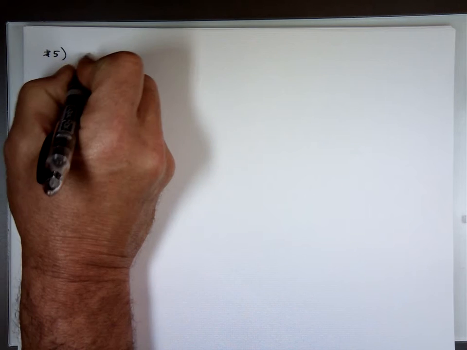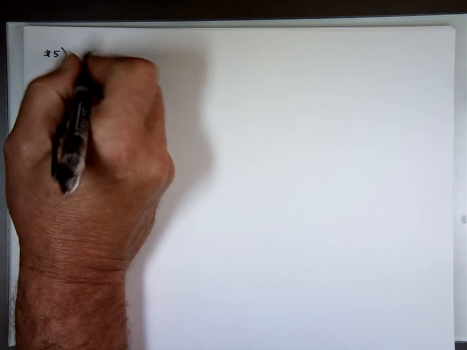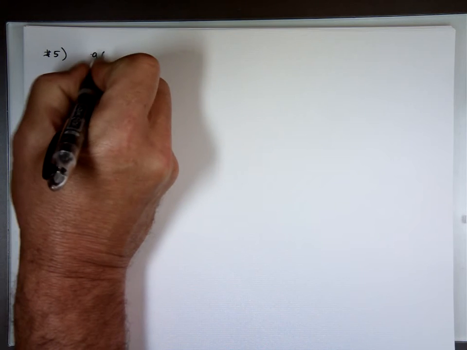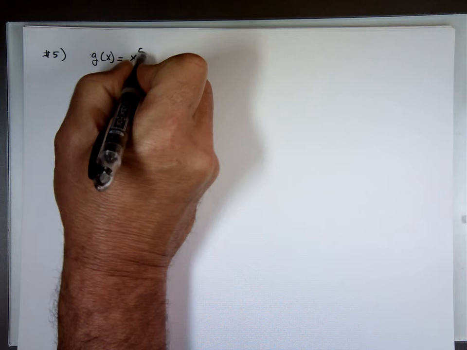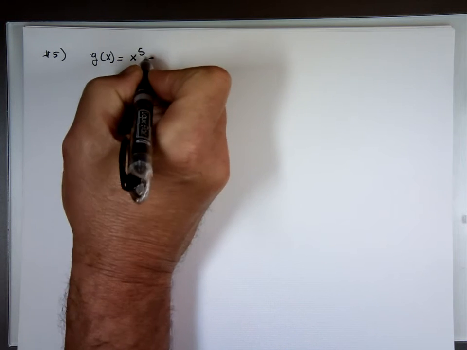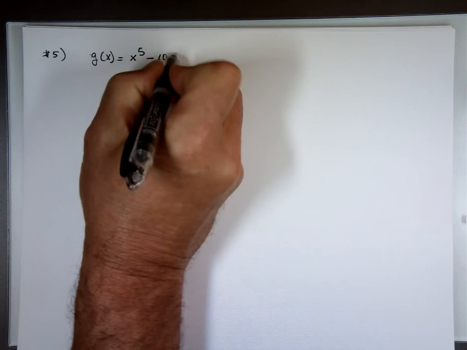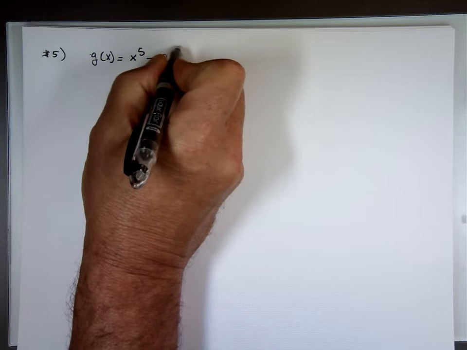Enter your answers in a comma-separated list. The critical values. So we have g of x equals x to the 5th minus 10x to the 3rd.